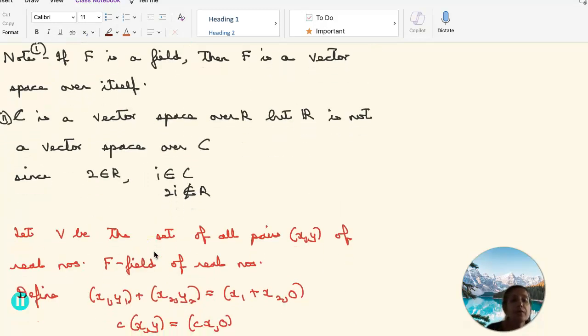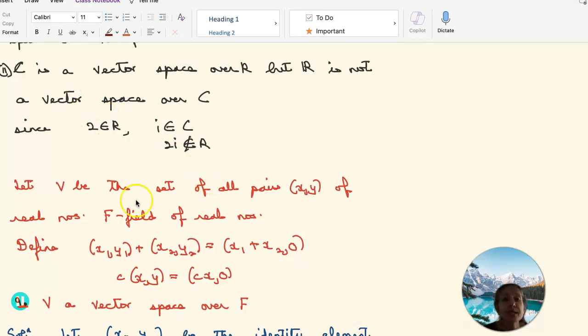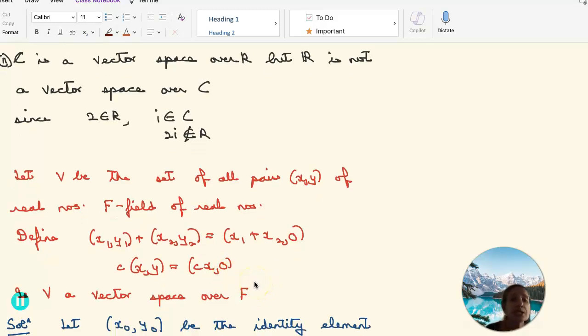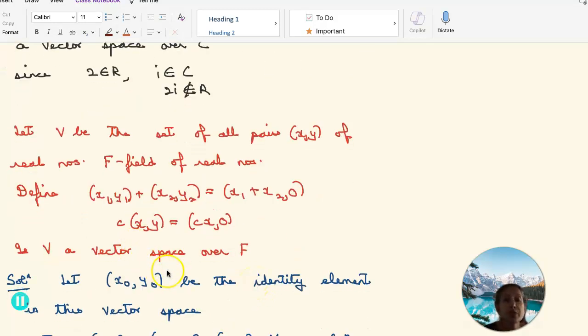Now let V be the set of all pairs (x, y) of real numbers, and F is the field of real numbers, and define (x1, y1) + (x2, y2) = (x1 + x2, 0). So the y coordinate is 0, and c(x, y) = (cx, 0). So this is a question: is V a vector space over F? So we assume that (x0, y0) is the identity element of this vector space.